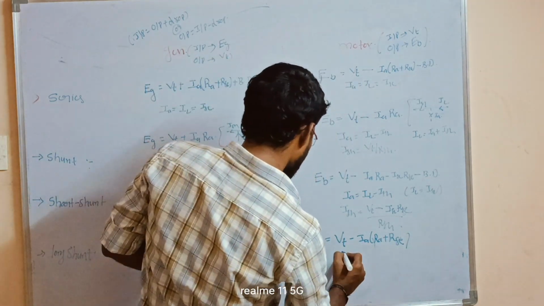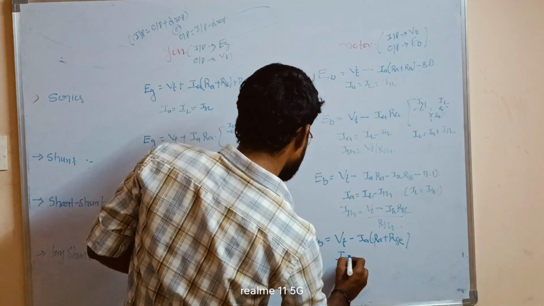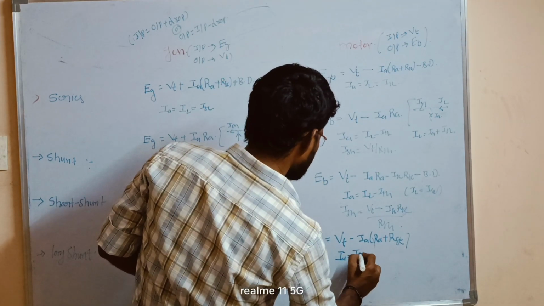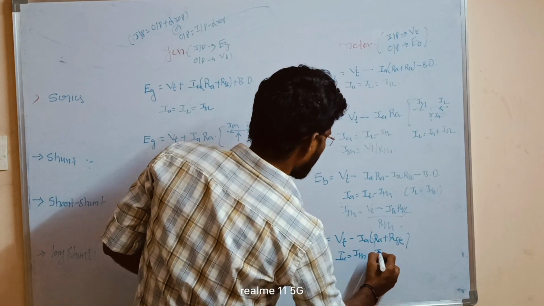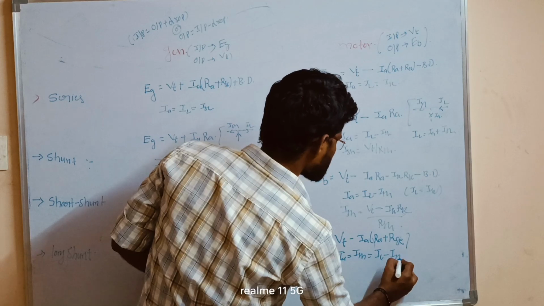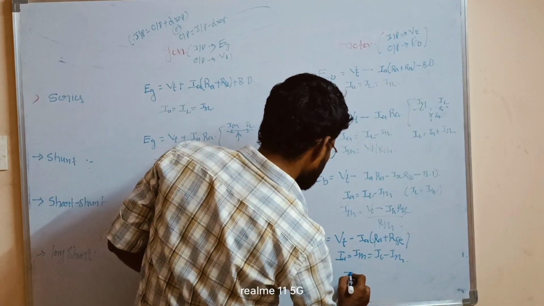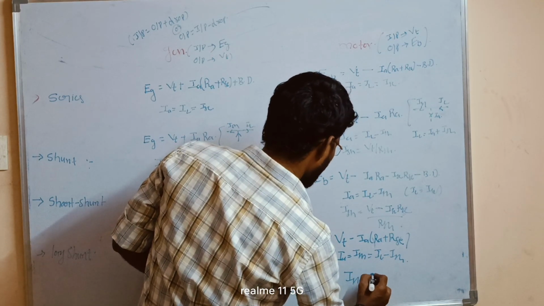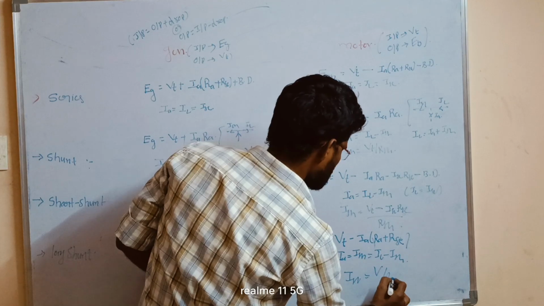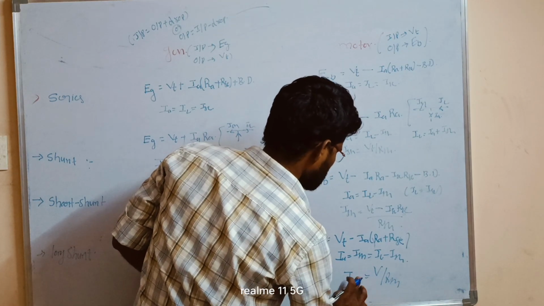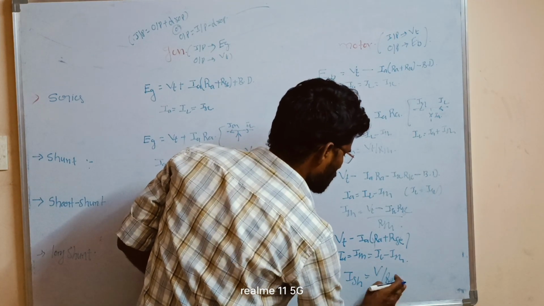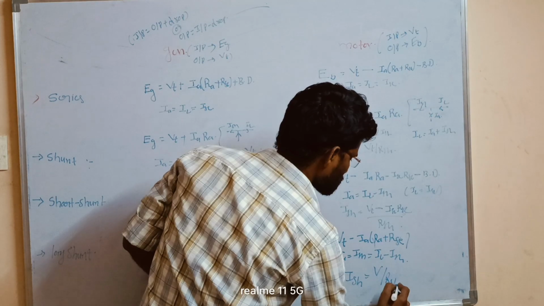So IA is equal to ISC, that is IL minus ISH. ISH is equal to V by RSH.